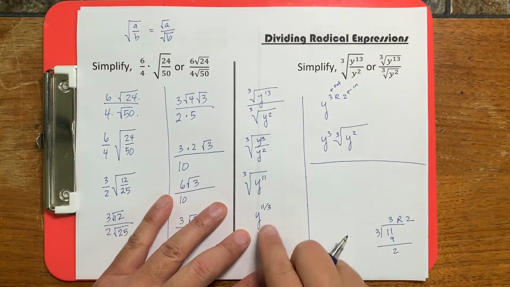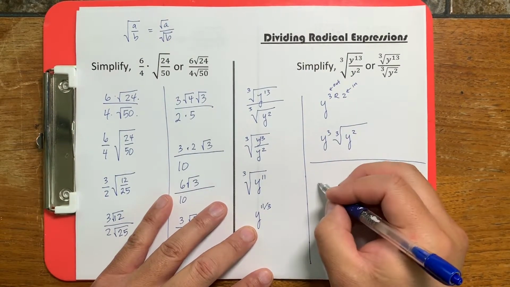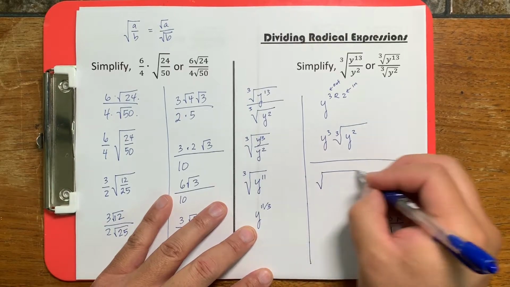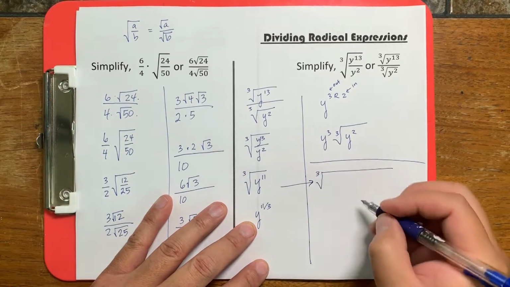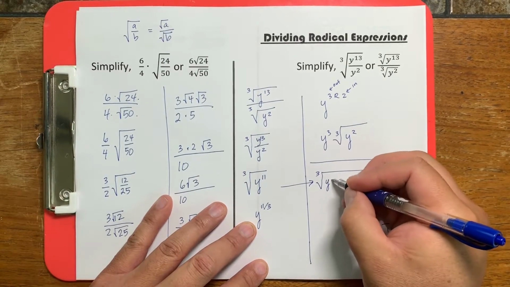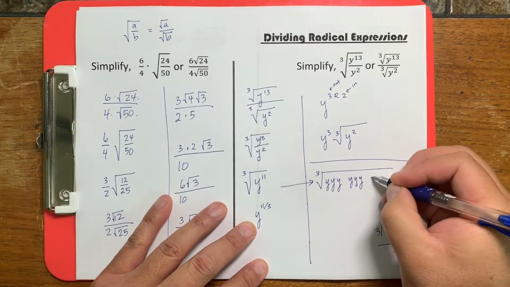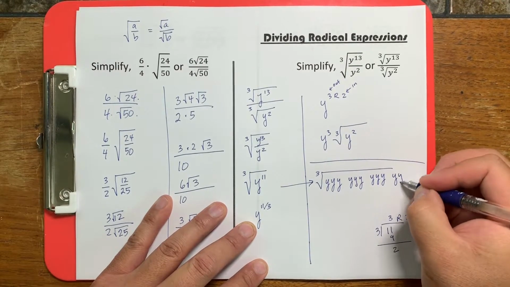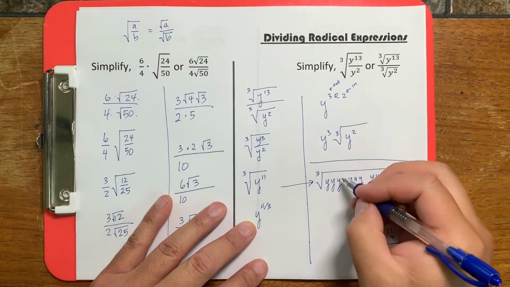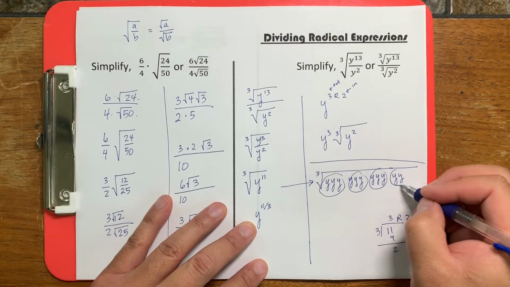If you're wondering why this step works, if I have y to the 11, we have 11 y's. 1, 2, 3, 1, 2, 3, 1, 2, 3, then 1, 2. We have a group of 3 here, a group of 3 here, a group of 3 here, and a group of 2 there.